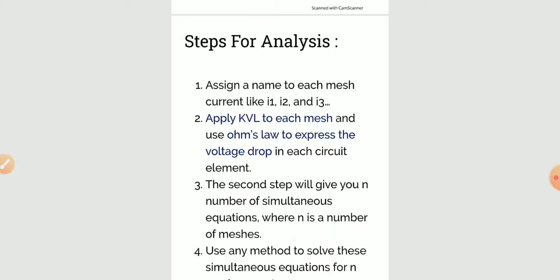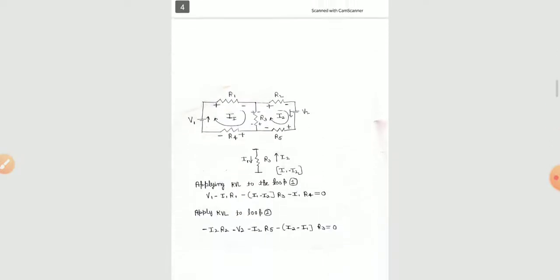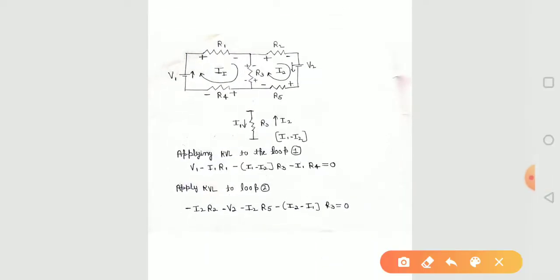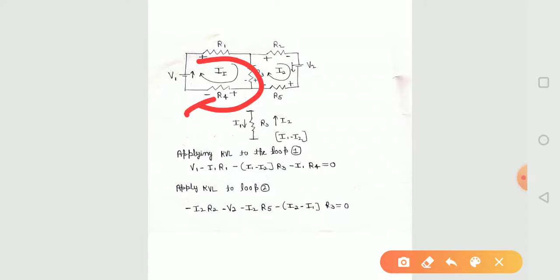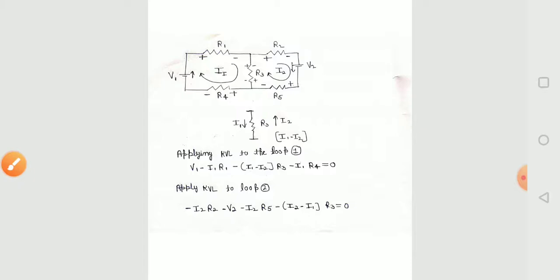As we have seen in case of KVL, we consider the current in the clockwise direction. That means current flowing like this. Here there are two voltage sources V1 and V2 and 5 resistive elements.